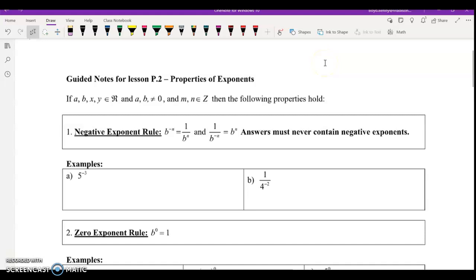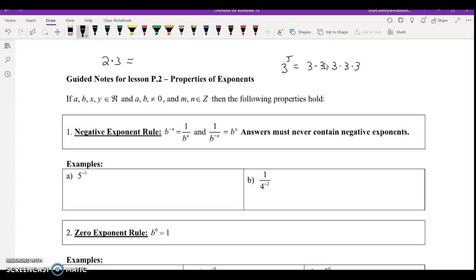So the properties of exponents, first of all, an exponent is considered repeated multiplication. So if we have something like 3 to the 5th power, that would mean that this 3 is going to be multiplied by itself 5 times. Whereas multiplication is repeated addition.